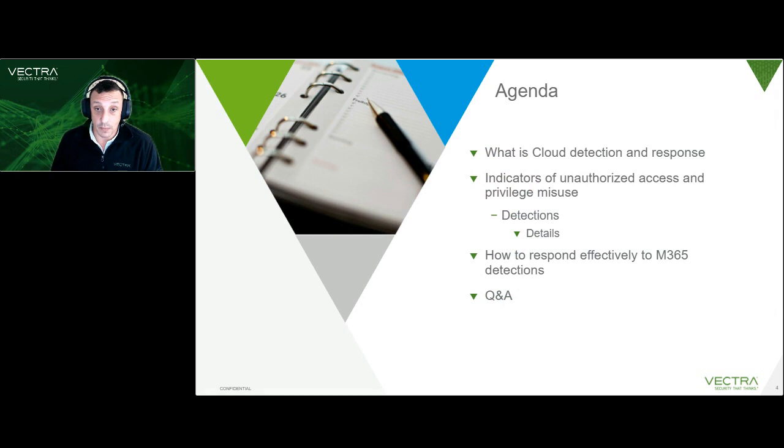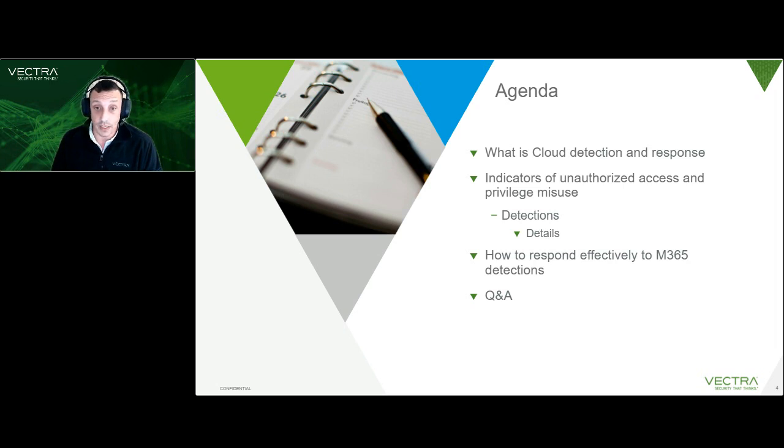We will start off today's webinar by talking about what cloud detection and response actually is. We will then talk about which indicators and detections highlight potentially unauthorized access and privilege misuse, and how to effectively respond to these detections.